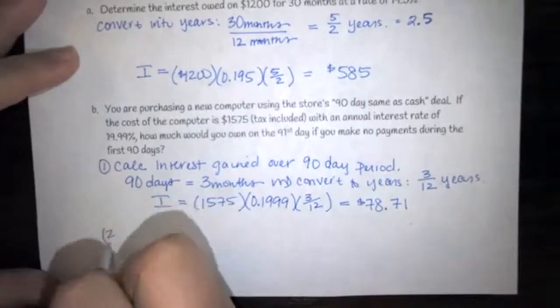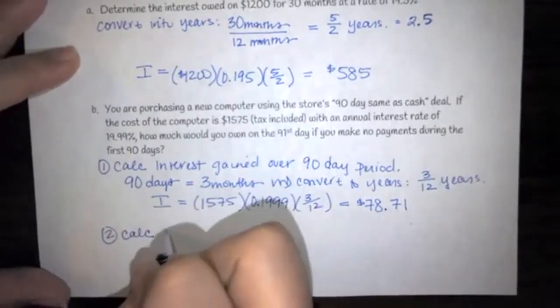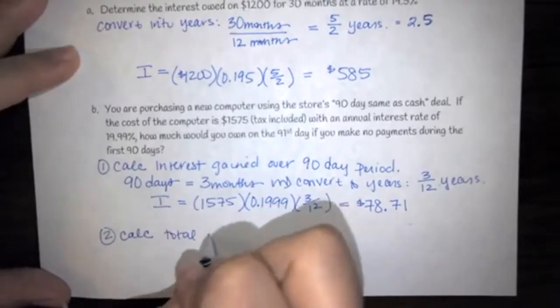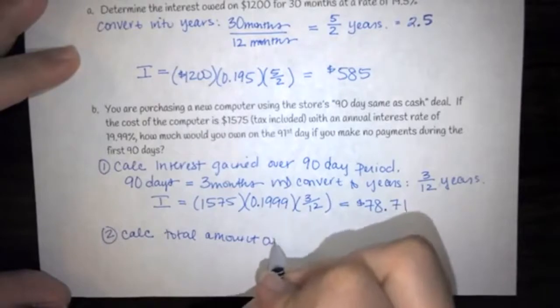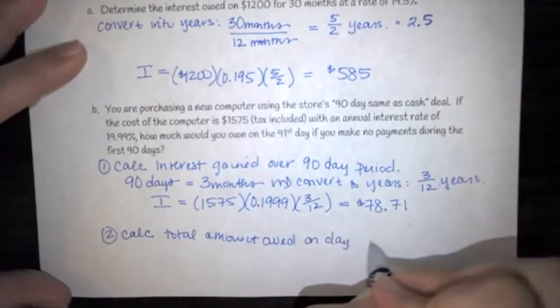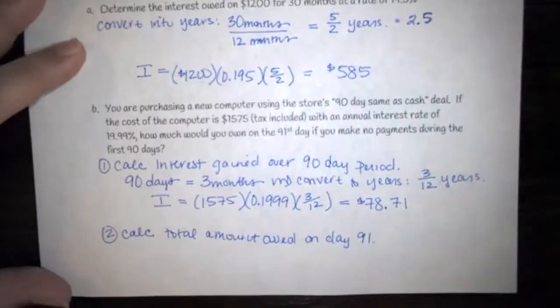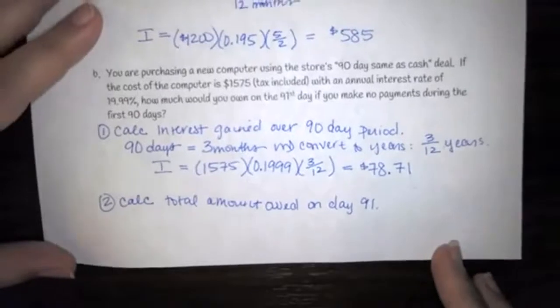Now we're not done, because now we have to calculate your total amount owed on day 91, because this is where you have to start making, say, your payments.